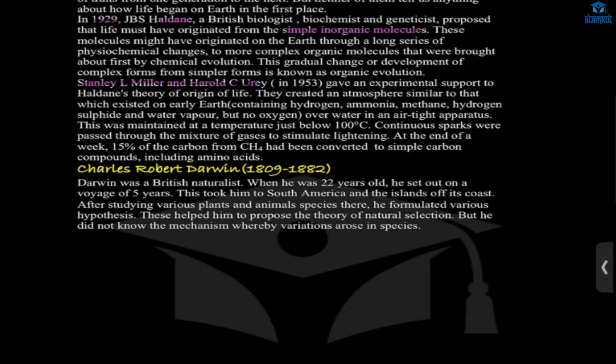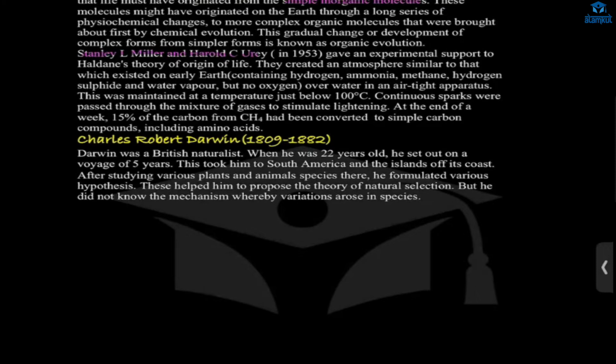After that, sparks were passed through the gases, and lightning was occurring, and after a week, what happened? 15% of the carbon from CH4 was converted into simple carbon compounds, including amino acids. Okay.